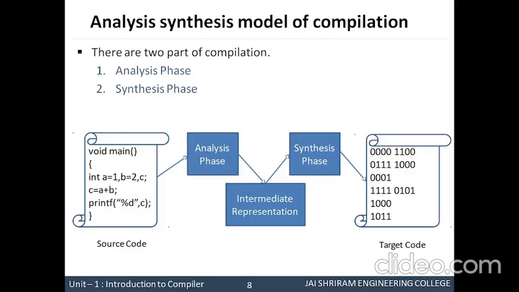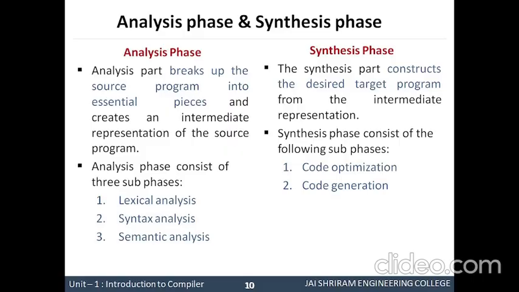The synthesis phase takes the intermediate representation and produces the final machine code. The analysis phase consists of three subphases in compiler design: first, lexical analysis, second, syntax analysis, and third, semantic analysis. The synthesis phase consists of the following subphases: code optimization and final code generation.